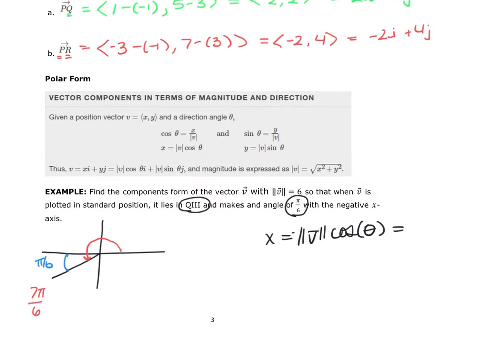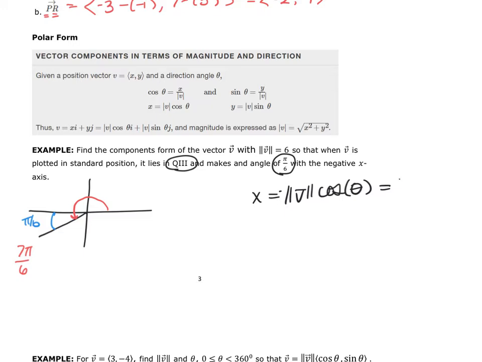So in this case, it is going to be the magnitude of 6 times the cosine of 7 pi over 6. 7 pi over 6 is on the unit circle, so I can just pull that information off the unit circle. If it wasn't, then I would just put that in my calculator. And it is, so it is 6 times, I go find the 7 pi over 6. This is going to be negative square root of 3 over 2, which gives me, when I reduce it, negative 3 root 3.